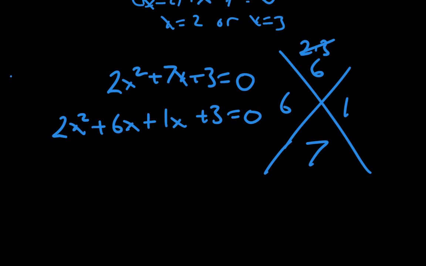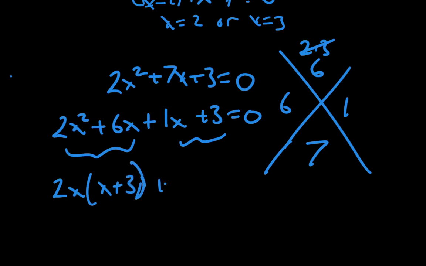So you do that, and now you can factor by grouping. So this term and this term. So you do, that's got a 2x times x plus 3 plus 1 times x plus 3.